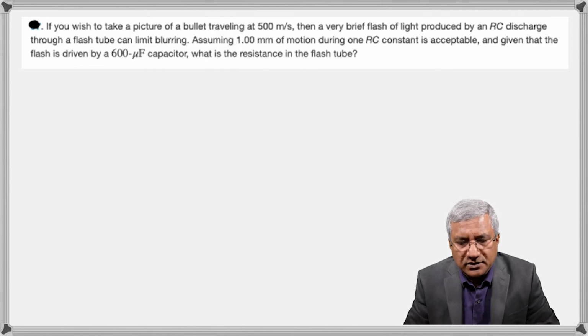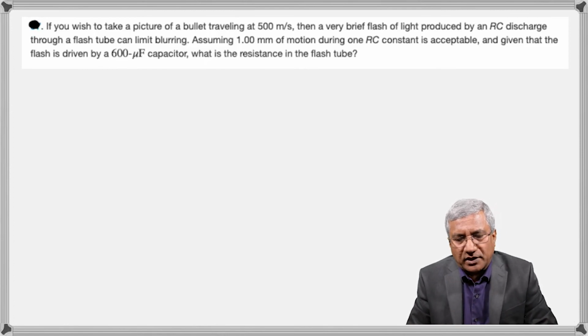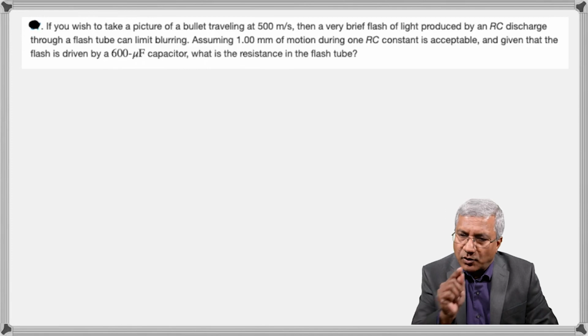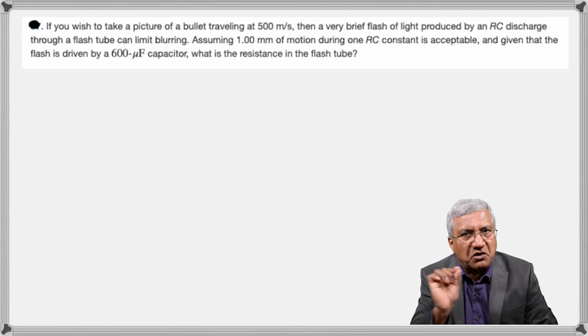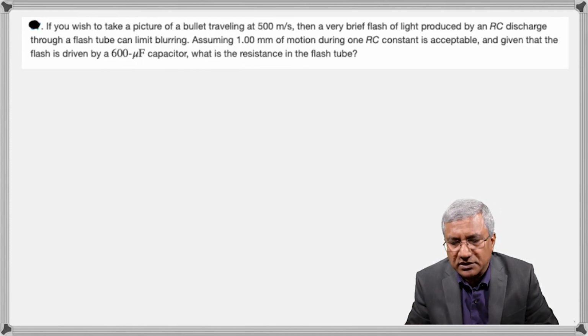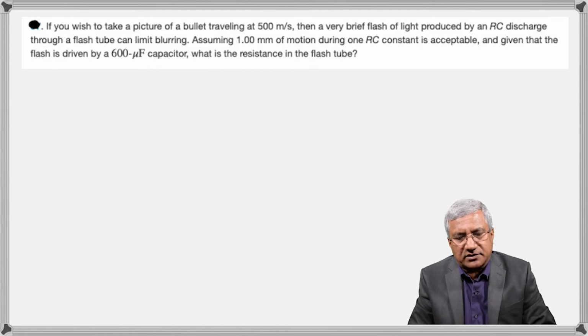Assuming that 1 millimeter of motion during 1 RC constant is acceptable, and given that the flash is driven by a 600 microfarad capacitor, what's the resistance in the flash tube?